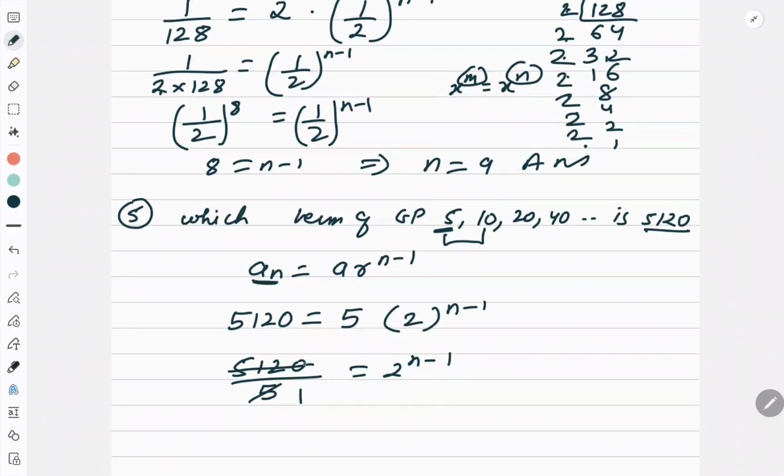5 ones are 5, 0, 5 twos are 10, 4. Right? So, I will factorize 1024. So, 2, 5, 1, 2.